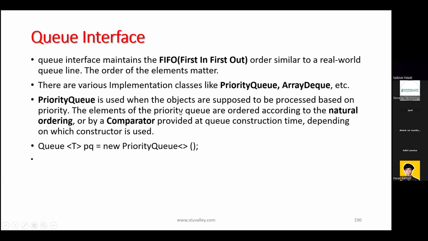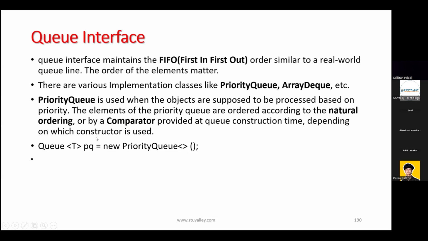PriorityQueue is used when the objects are supposed to be processed based on natural priority or natural ordering of the numbers, or you can provide the comparator so that it constructs a queue based on the comparator provided. You can provide the comparator when you want to store objects of different types instead of primitive types.